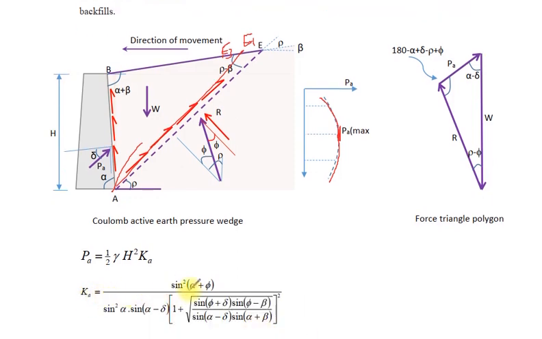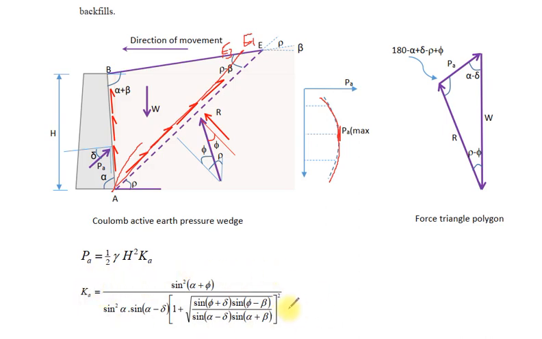an explicit form of the coefficient of active lateral earth pressure equals sine squared (alpha plus phi) divided by sine squared alpha sine (alpha minus delta) times [1 plus square root of (sine (phi plus delta) sine (phi minus beta) divided by sine (alpha minus delta) sine (alpha plus beta))] to the power of squared. There are many special cases of K active.